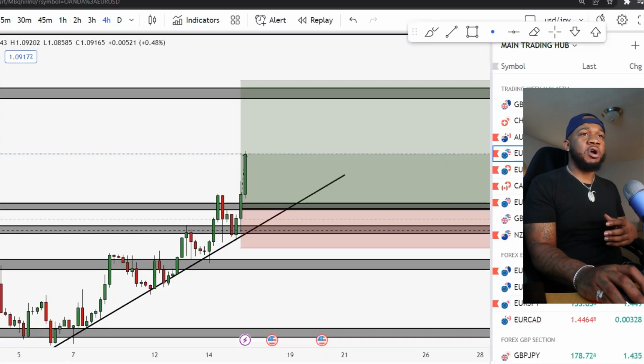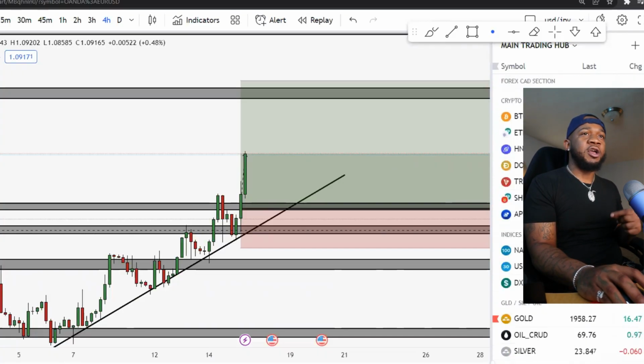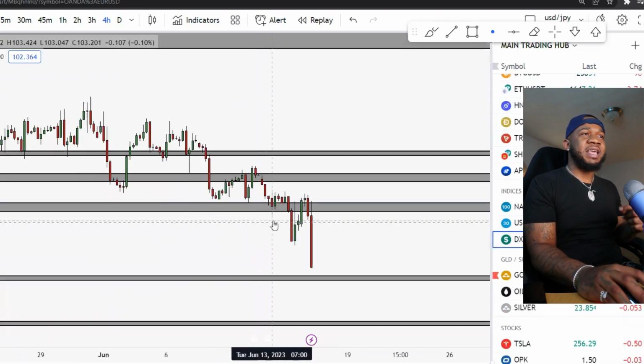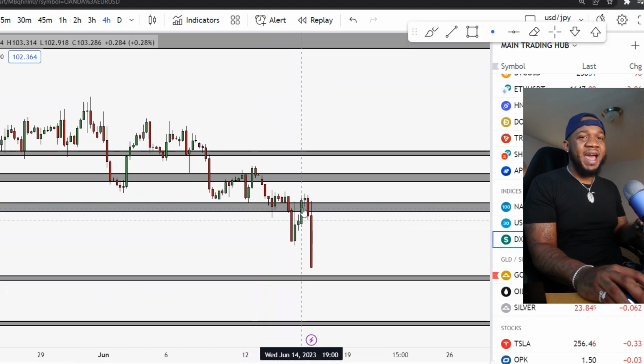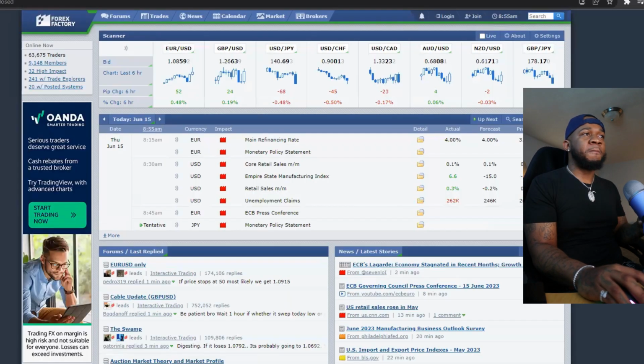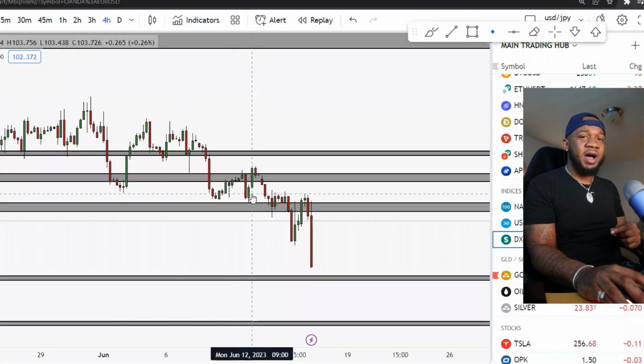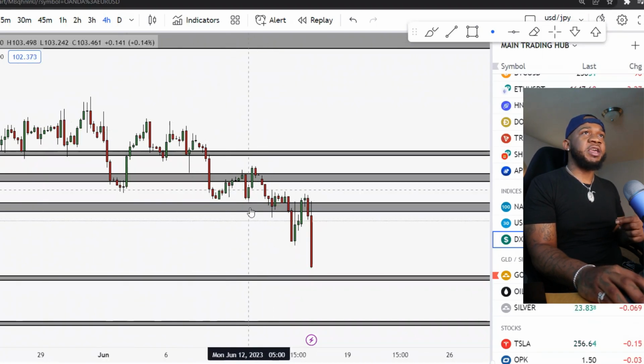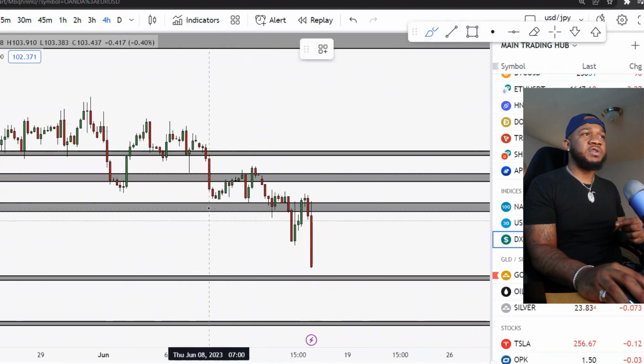If we go back to our charts and work our way down to the DXY, we can see how we had that breakout, that pullback. Now, this is what I mean by price action. Even though we did know the news that came out for USD was super bad, that's one confirmation, or one factor, that USD is going to decline in price. But now going back to the DXY, this is how you do your analysis. We see how this is a past level of support.